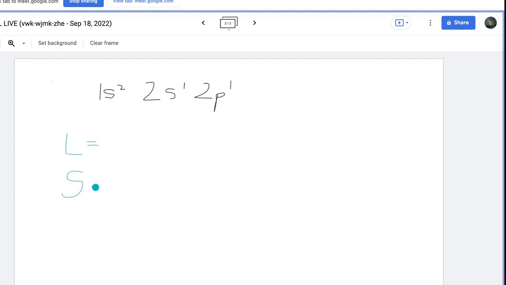I will keep it short. Find out the ground state term symbol, because there will be a term symbol. I mean, no, this will not be the ground state one, no? So you can find out all.